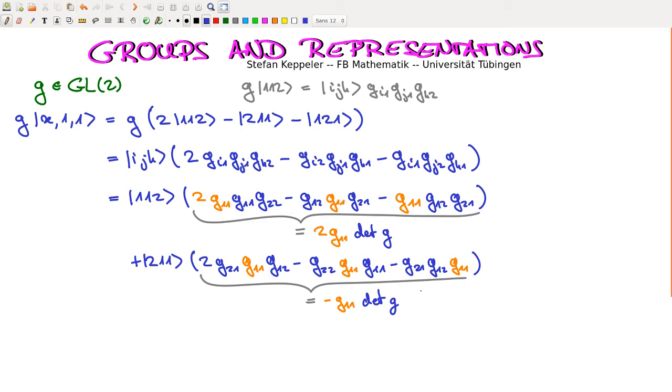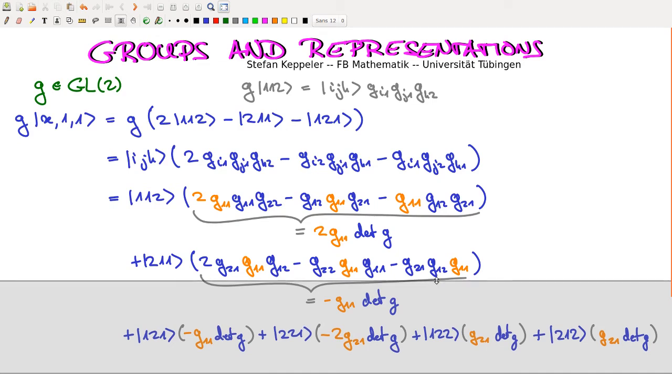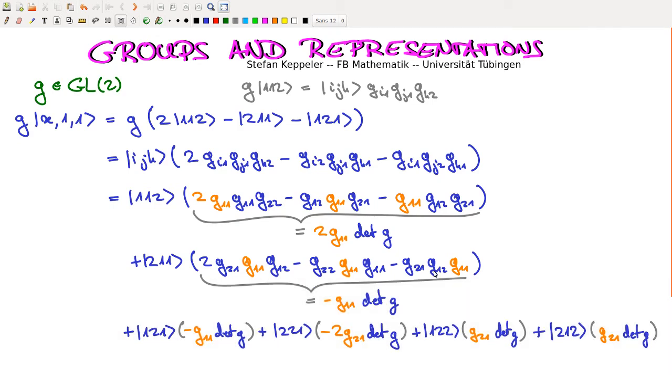Okay, and now try this for the remaining terms, or trust me on that. What we find are these additional terms here. They are all of this kind. There's a determinant of G hiding, and then some element of our matrix G here. Good. And there are 6 terms, by the way, which I wrote here: 1, 2, 3, 4, 5, 6. But I said that there are 8 terms.